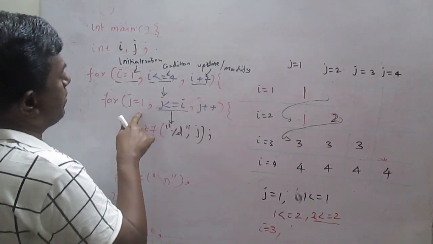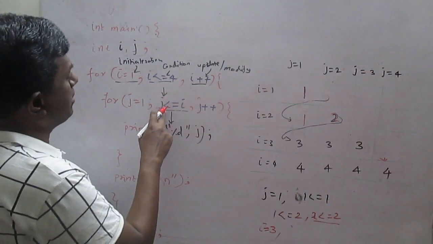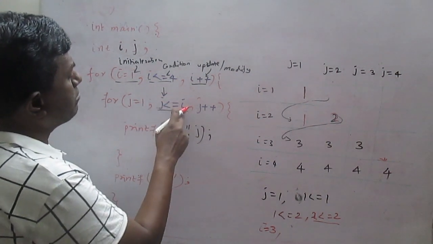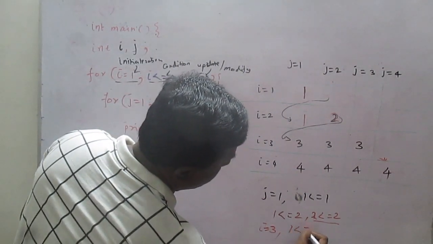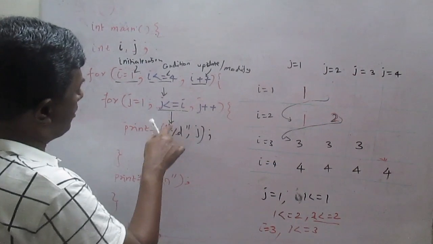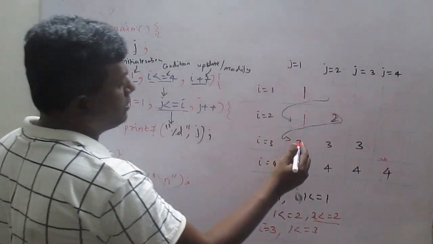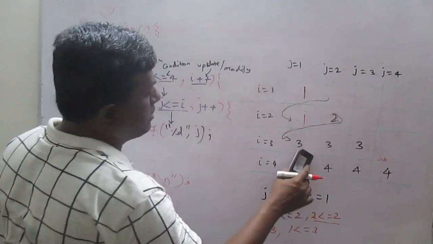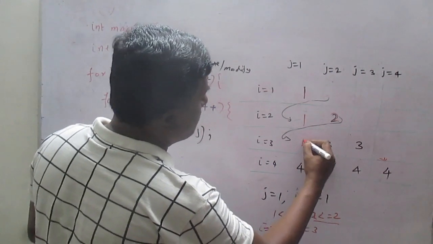Now j is 1, and we check 1 less than or equal to 3, the condition is true, so we enter here and print j, which is 1, so 1 will be printed.